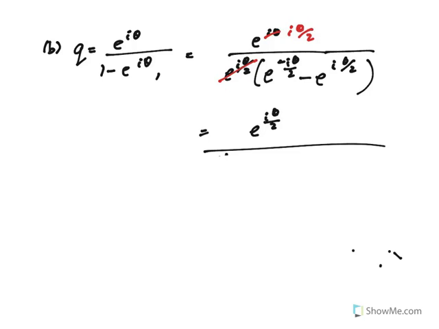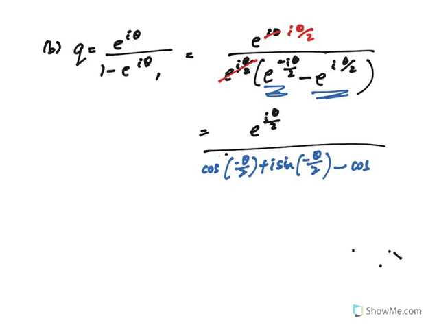Then for my denominator, I'm going to be left with cosine of negative θ/2 plus i sine of negative θ/2, minus cosine θ/2, minus i sine θ/2 as well.